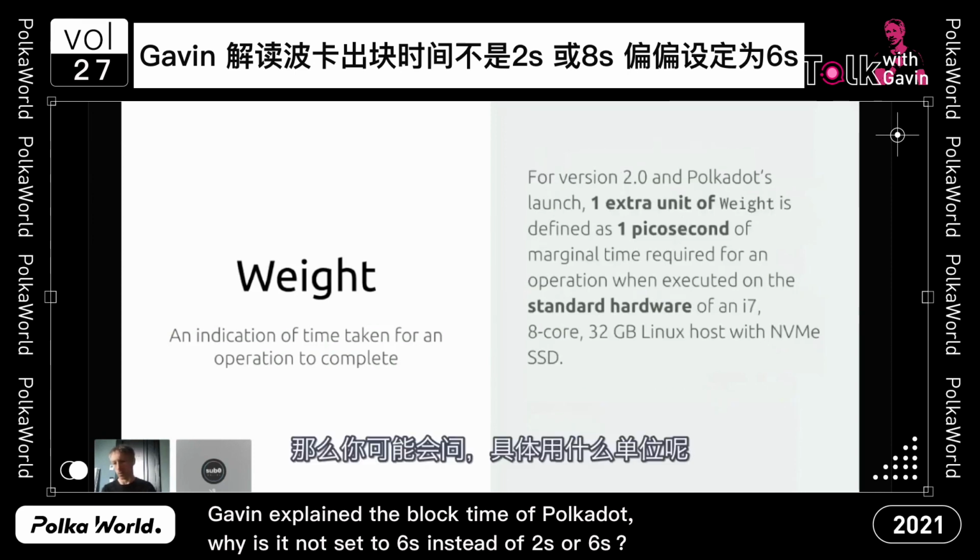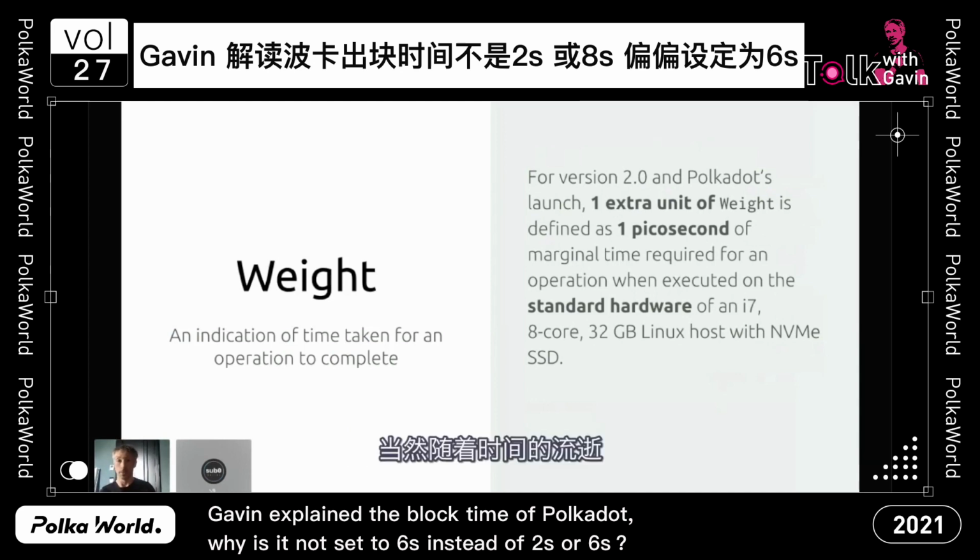Now, so then you say, well, hold on, what is the unit then? Well, the unit is very simple. The unit is 1 picosecond of marginal time required to execute the given operation on standard hardware with standard software. And this is what Substrate 2.0 and Polkadot, by extension, weights will reflect.